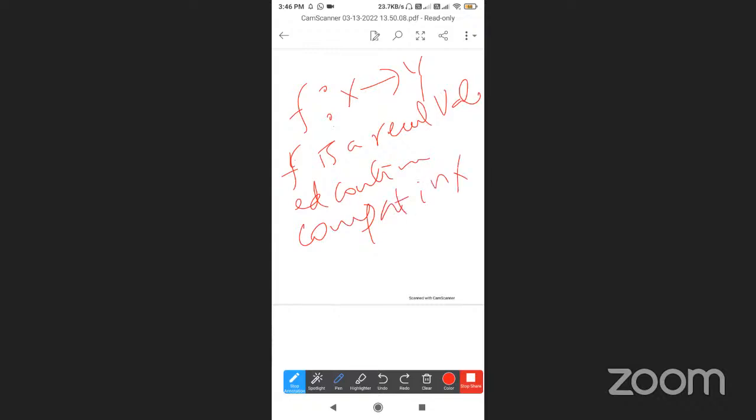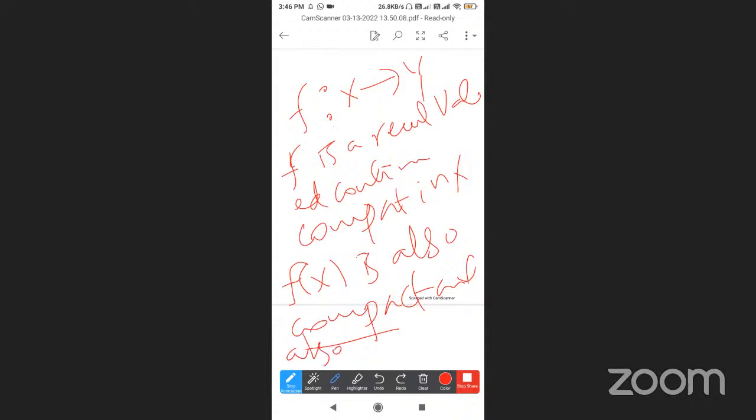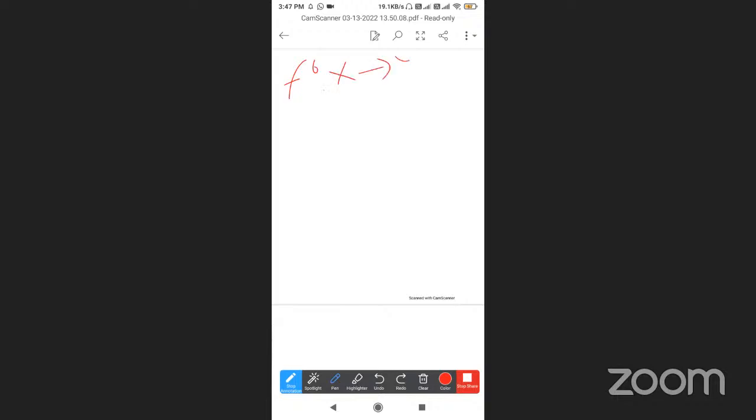In the previous theorem, starting with theorem 5.3.1, our theorem says that the image F of X is also compact.